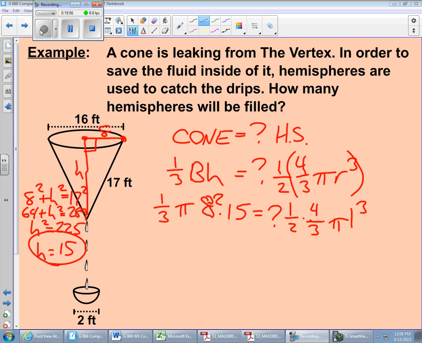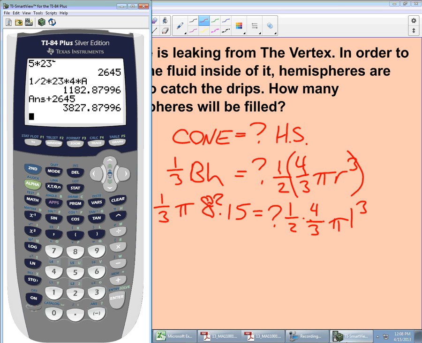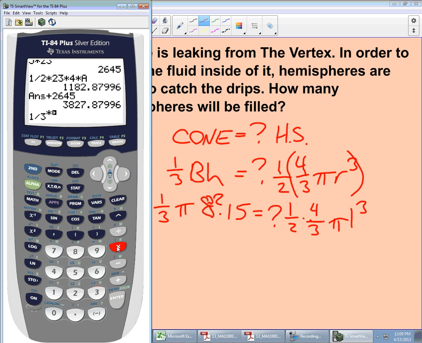Okay, got my calculator going here finally. Let's see what we have. We got 1/3 on the left side, pi, 64 on the 8 squared and 15 on the height. Now obviously I've hit a wrong button. Look at all this junk I've got showing up in the exponent.